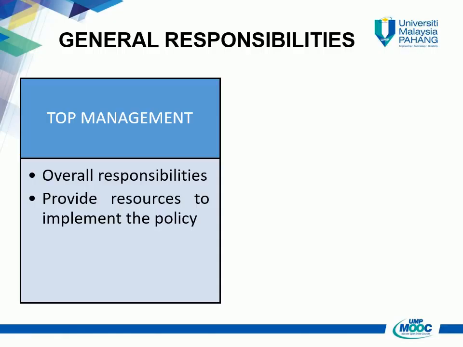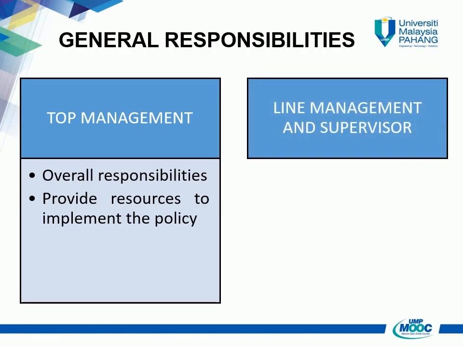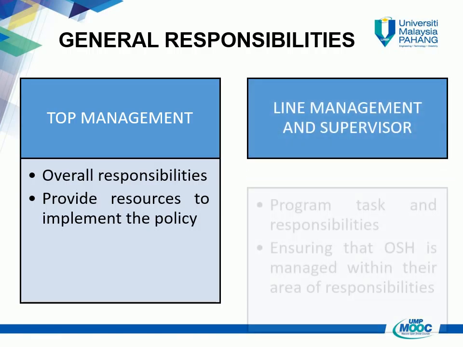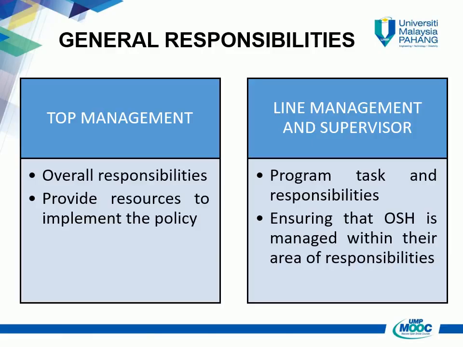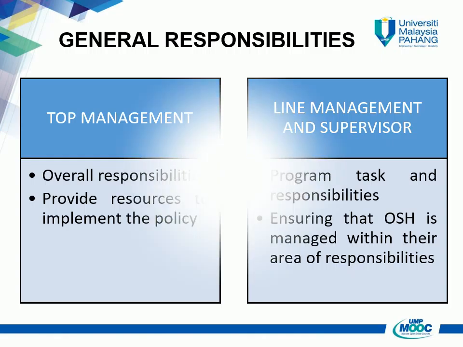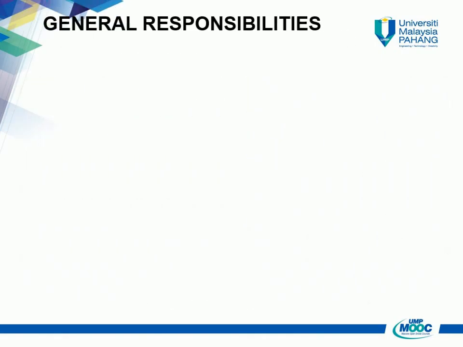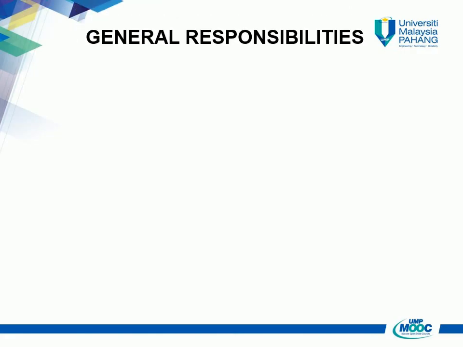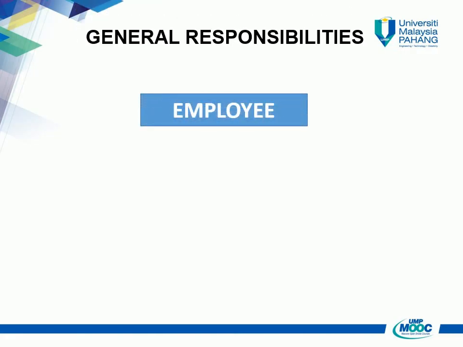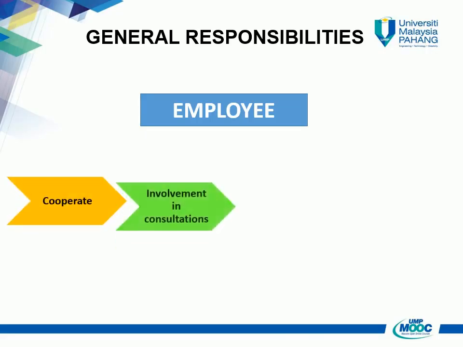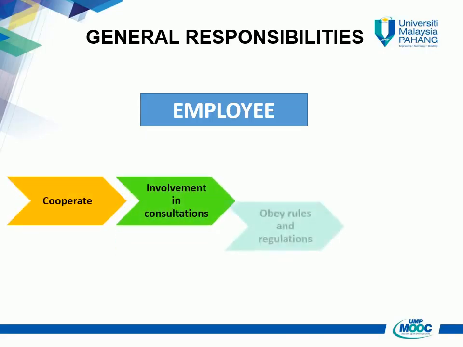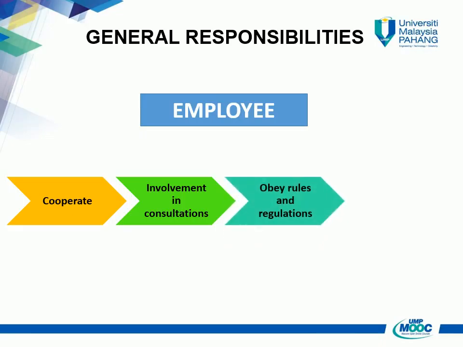General responsibilities for line management and supervisor include program tasks and responsibilities and ensuring that OSH is managed within their area of responsibilities. Meanwhile, the general responsibilities of employee are to cooperate with employer, to involve in consultations, to obey all rules and regulations, and to report any hazards and accident.